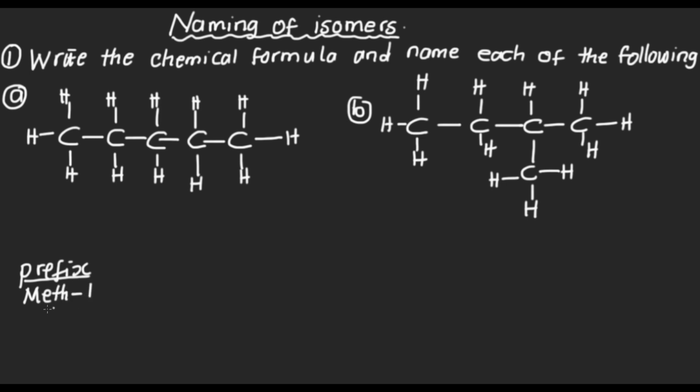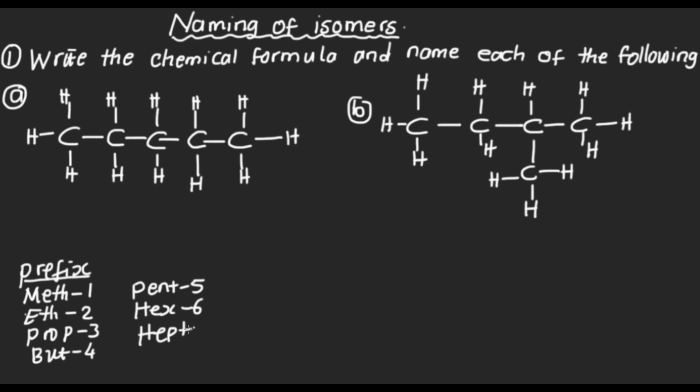So meth has 1 carbon, eth has 2 carbons, prop has 3 carbons, but has 4 carbons, pent has 5 carbons, hex 6 carbons, hept 7 carbons, oct 8 carbons, non 9 carbons, dec 10 carbons. So it's very important you commit these prefixes to memory.